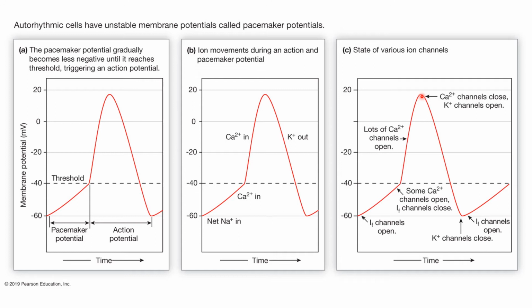The more potassium leaves the cell, as you can see, the wave starts to drop because we are trying to go back to the pacemaker potential. And so as you can see, repolarization is going to take place because potassium ions are leaving the cell.